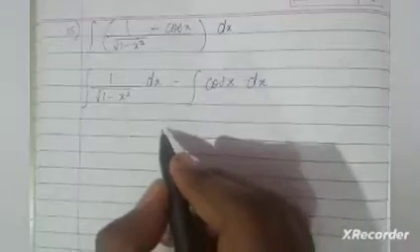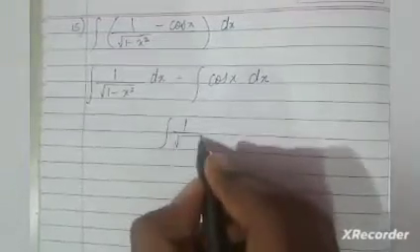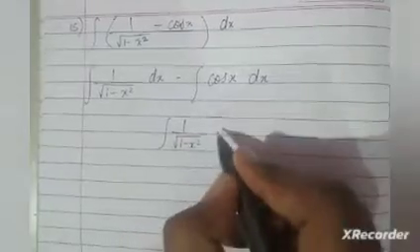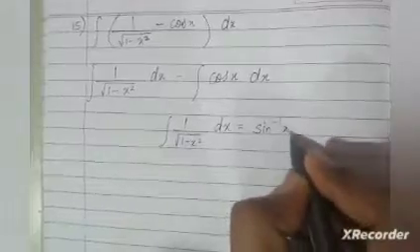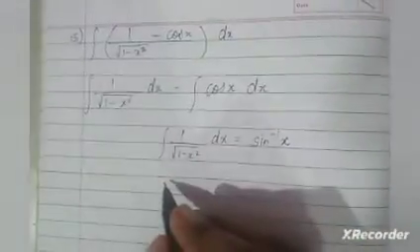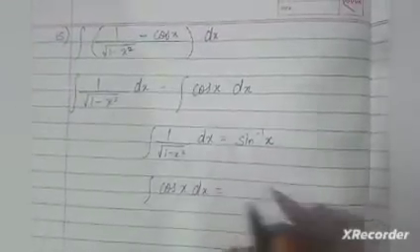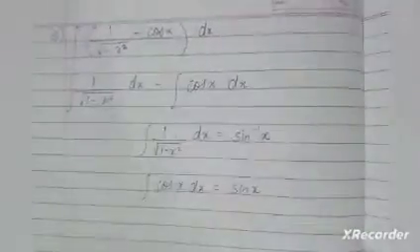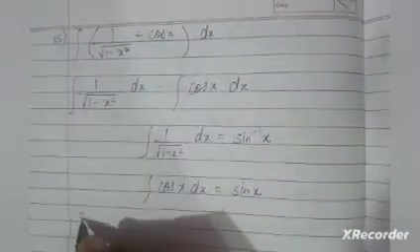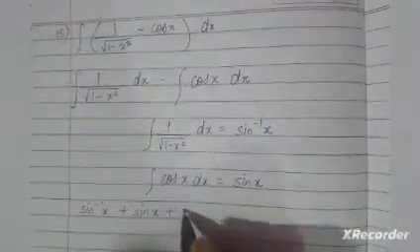Now here we are going to use first formula, that is 1 upon under root 1 minus x square dx, which is equal to sine inverse x, and second formula is integration cos x dx, which is sine x. So integration of this first term is sine inverse x, integration of this second term is sine x plus c.